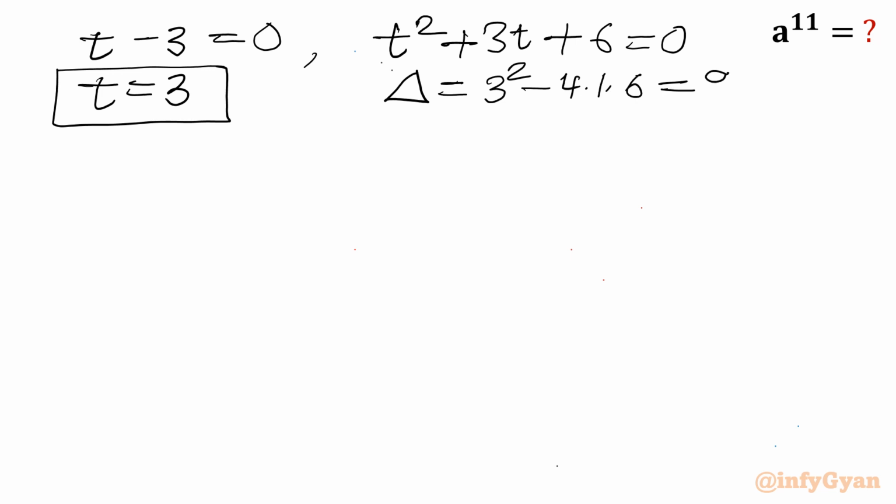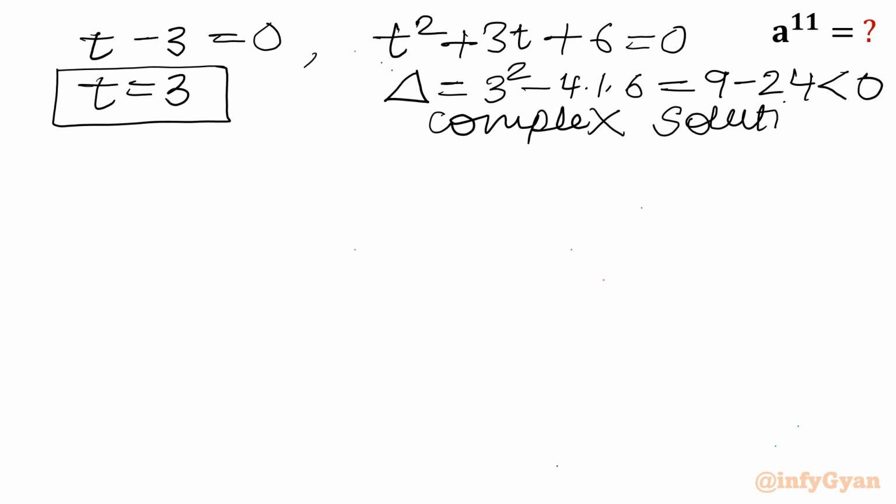So this is 9 minus 24. Discriminant is negative. It will give us complex solutions. Hence rejected. So T equal to 3 will be our final T value.